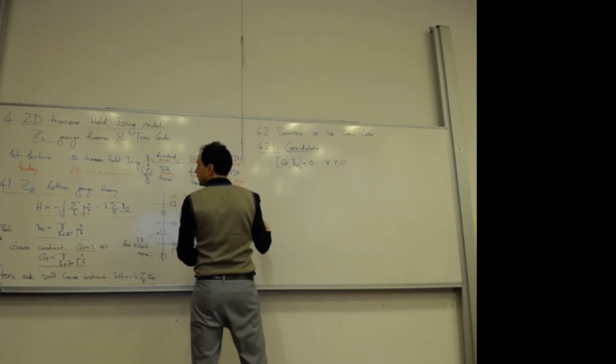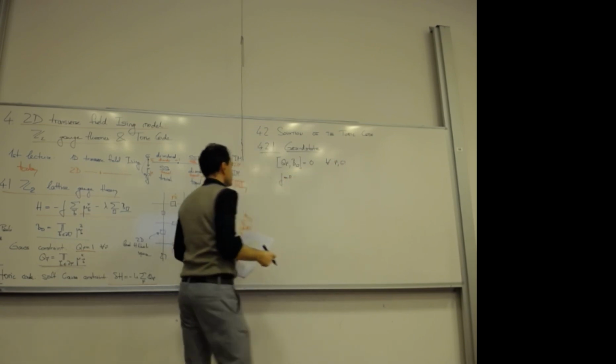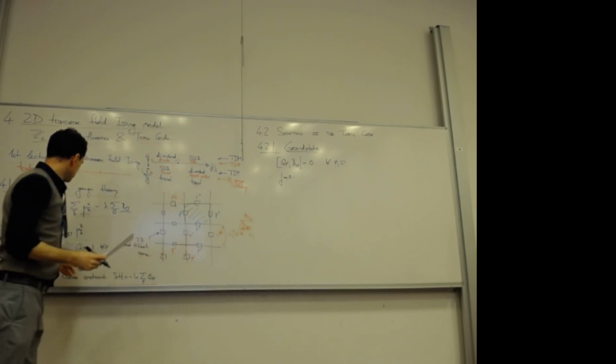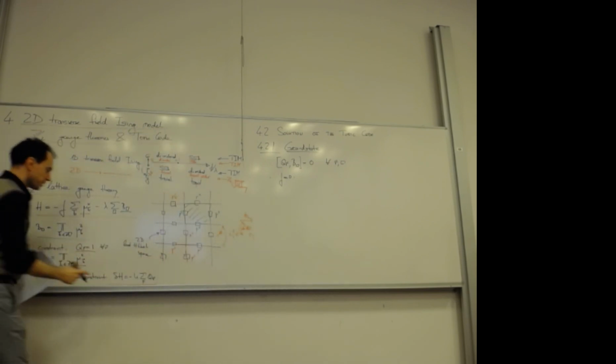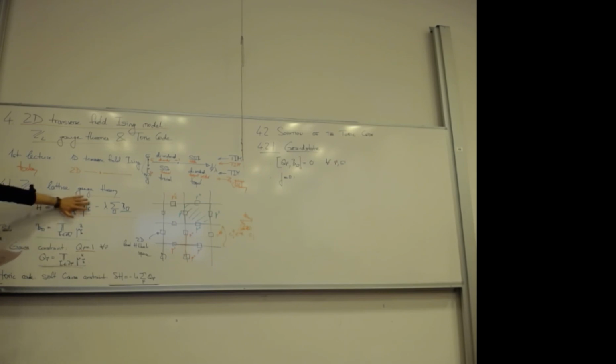Second, I will now consider the situation where J equals 0. Then the Hamiltonian that I'm looking at is this plus this, the topological part, but I'm taking J equals 0. So it's only this plus this.